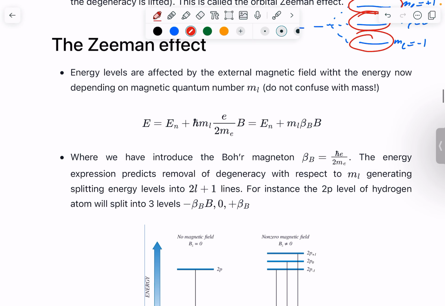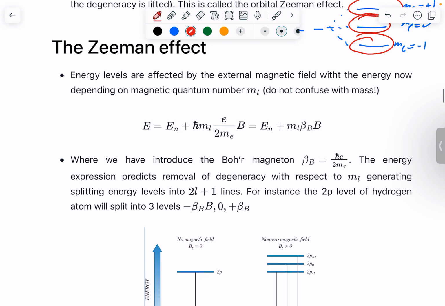This is something that people observed early on when they would detect spectra of hydrogen and other atoms in the presence of magnetic fields, and they would see more lines, so they would see more complicated spectra. The addition of the magnetic field into the energies completely describes the spectra. Here you have your energy in the absence of a magnetic field, and here you have the energy in the presence of a magnetic field.